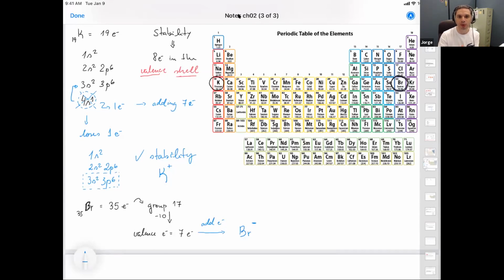Because we had to add 1 electron, we have an excess of 1 negative charge. Therefore, we will represent this excess by this number on the top right corner of the element, which means bromine minus is a stable element. Bromine by itself is not stable. That's what I want to say here.